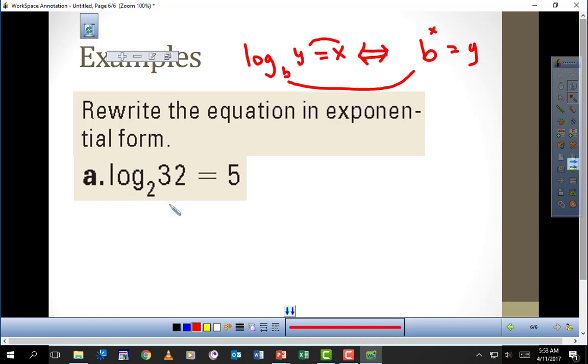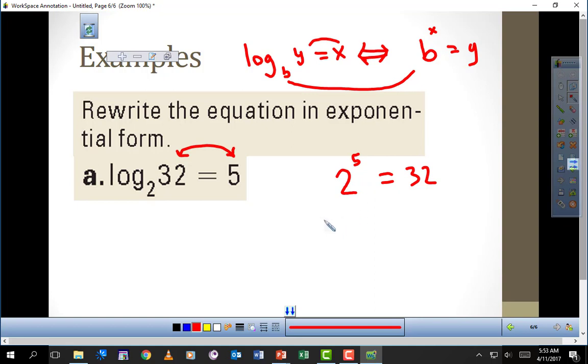Okay, so if we want to go to exponential form, then watch what happens. We're going to put this base here, and then these two switch places. Okay. So we're going to put the 5 here, and it's equal to 32.